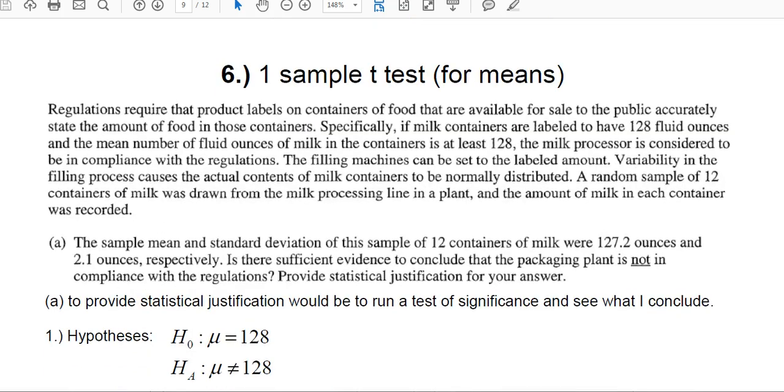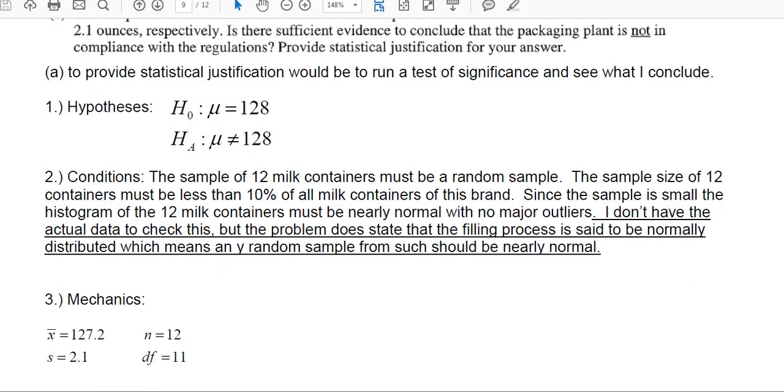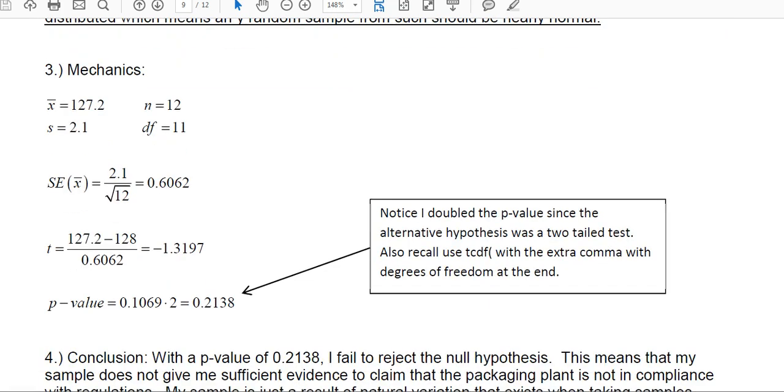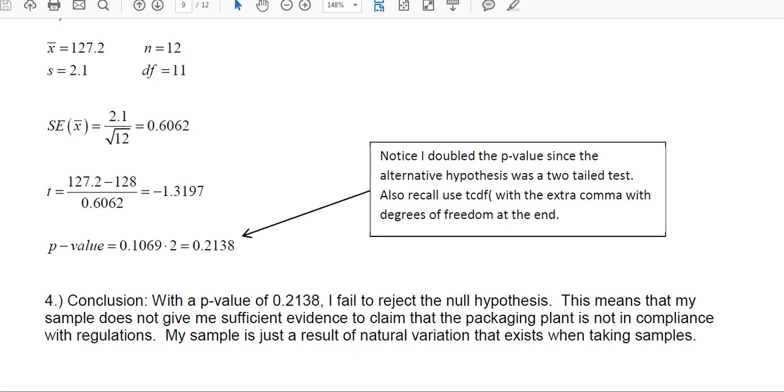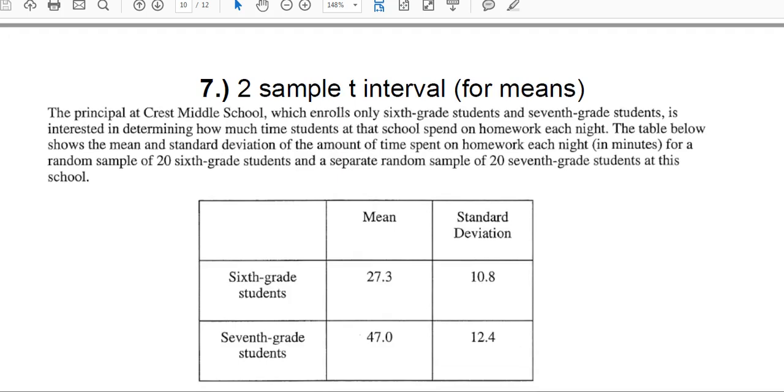Here's an example of a one sample t-test. Here's an example of a two sample t interval.